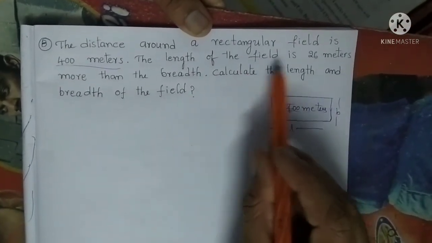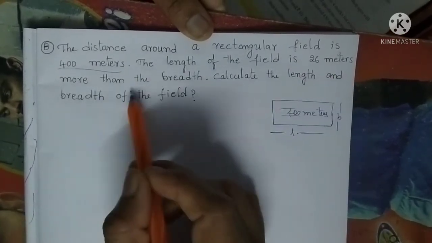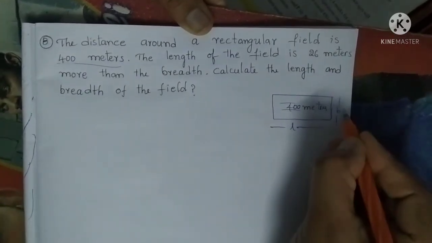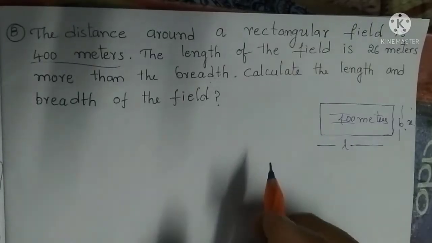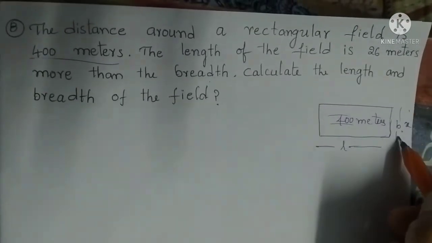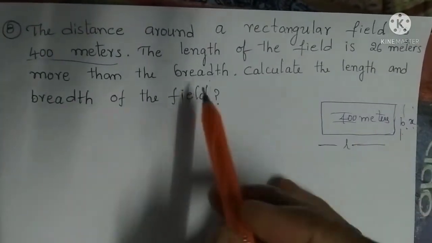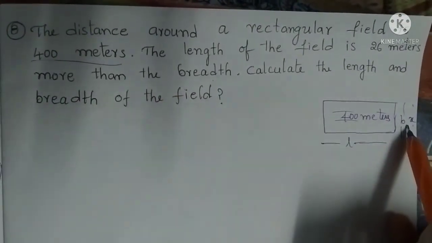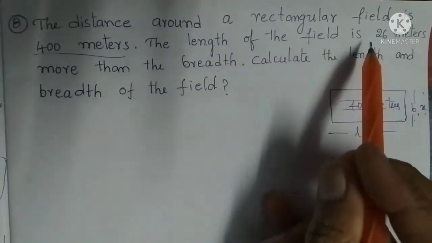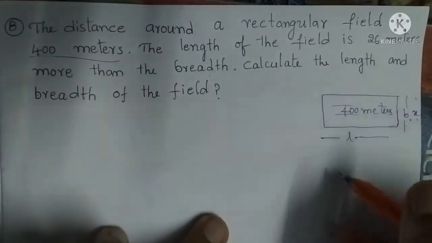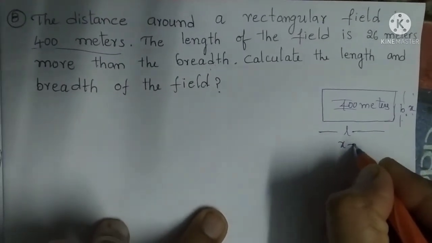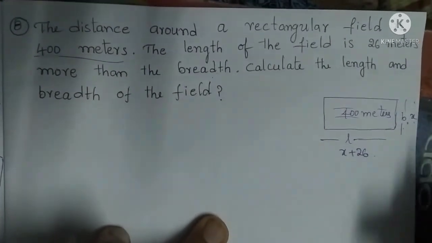The length of the field is 26 meters more than the breadth. So first we have to take the breadth as x meters. Here the breadth is x. What is the length? The length is 26 meters more than the breadth. So here, more than means x plus 26.